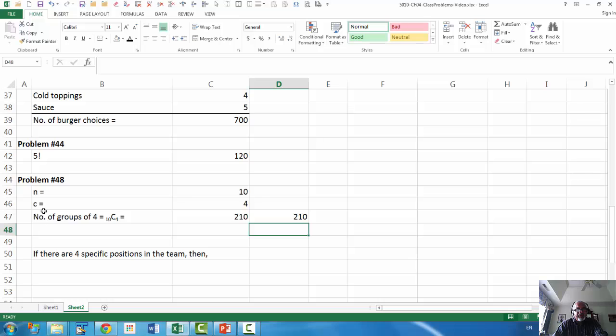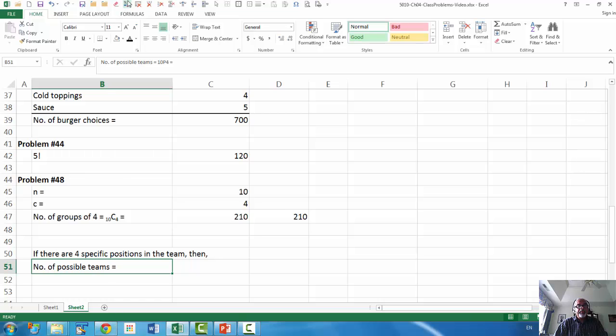But suppose, as an extension to this problem, these four people in the team are to be assigned to 4 different positions in the team. Then the ordering becomes important. In that case, the number of possibilities becomes 10P4.